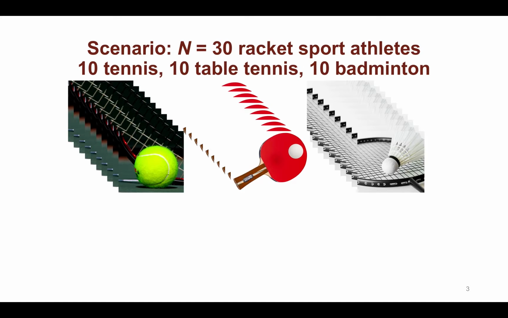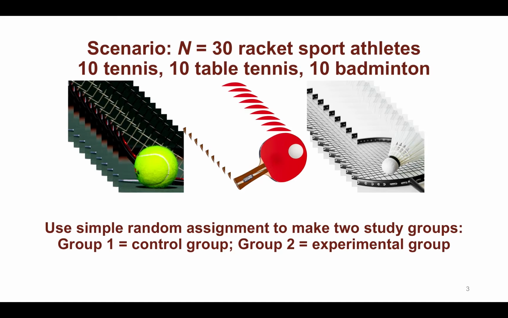Let's say that you have already recruited 30 racket sport athletes for a study, and 10 of them are tennis players, 10 of them are table tennis players, 10 of them are badminton players, and you'd like to use simple random assignment to make two study groups.